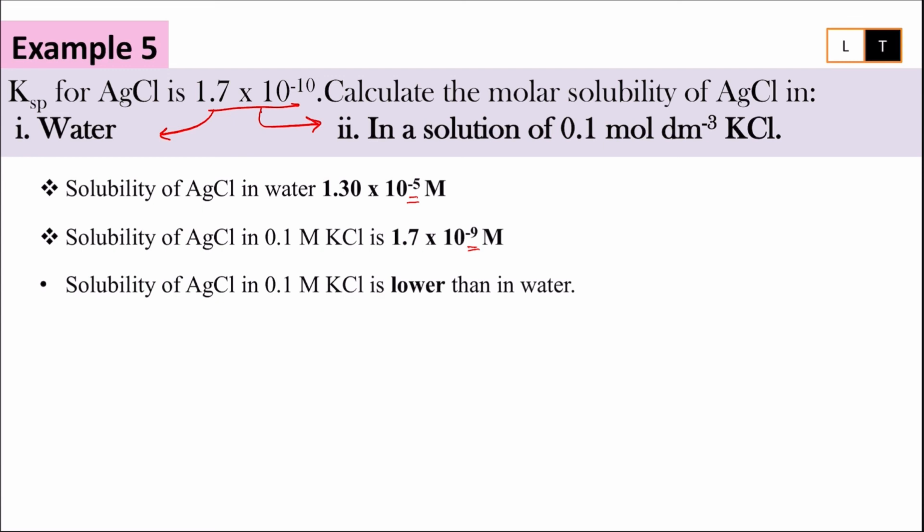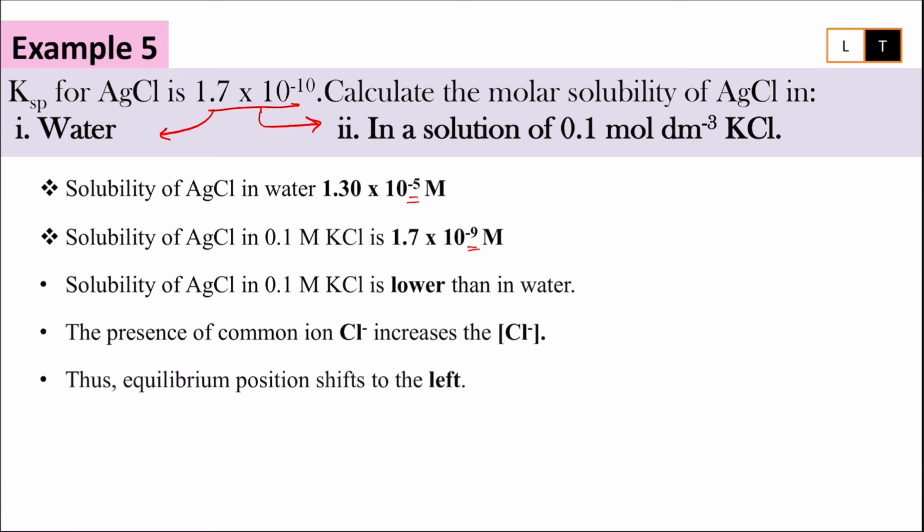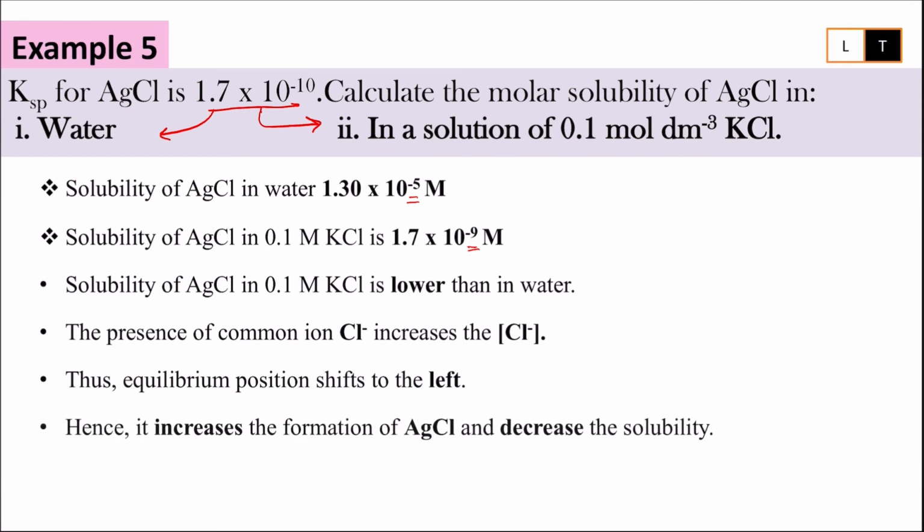So bila dia rendah daripada water, dia akan hasilkan banyak common ion, di mana menyebabkan concentration Cl minus, our common ion, bertambah. So, bila dia bertambah, dia akan shifts the equilibrium to the left. So, it will increase the formation of AgCl, tapi dia akan kurangkan solubility. So, mungkin ada yang tertanya-tanya macam mana.